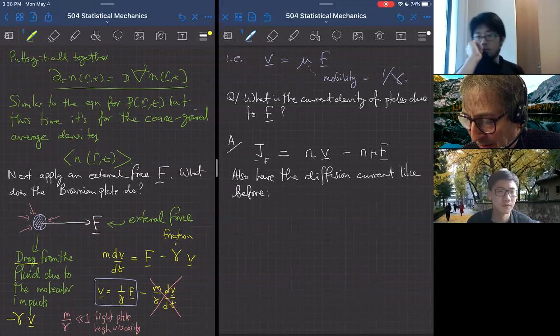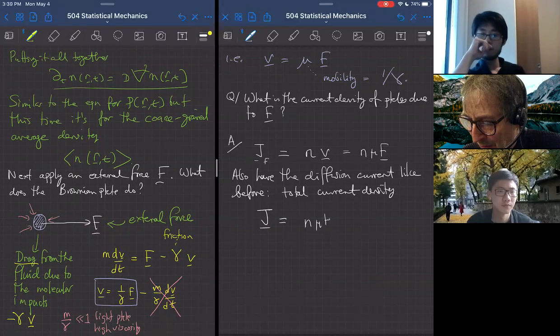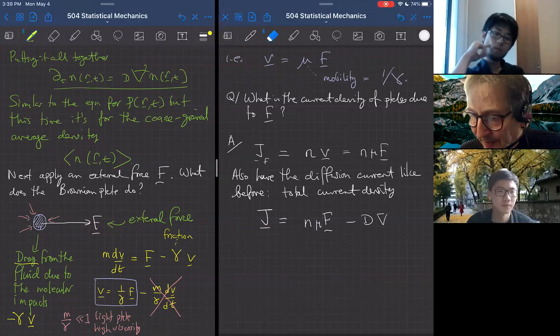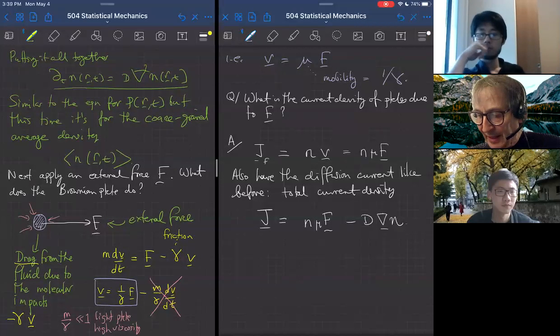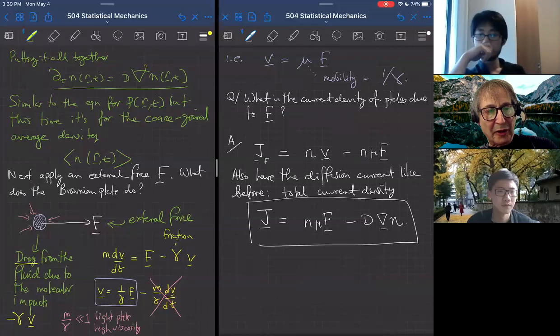And so that means that the total current density J is going to be n mu f minus D grad n. And that's the total current of particles when you have a force.